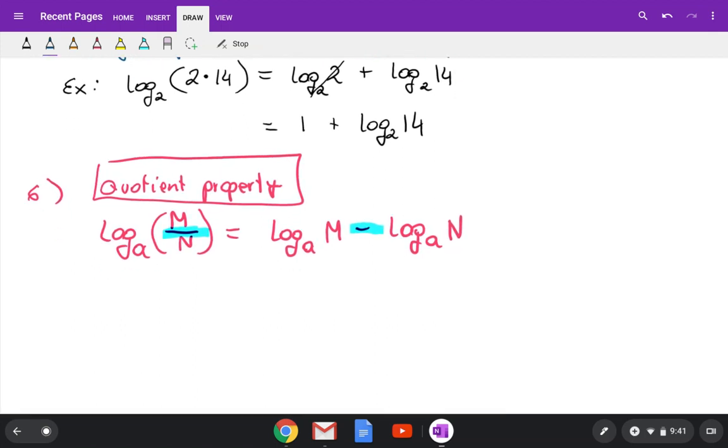So let's put it better. The log of a quotient equals the difference of the logs.